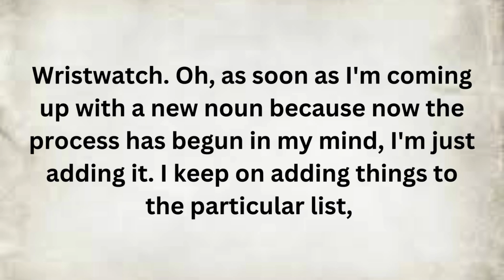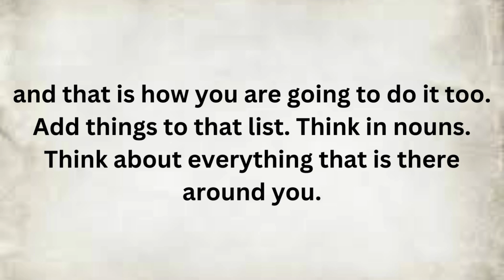Wristwatch. As soon as I'm coming up with a new noun, because now the process has begun in my mind, I keep on adding things to the list, and that is how you are going to do it too. Add things to that list. Think in nouns. Think about everything that is there around you.